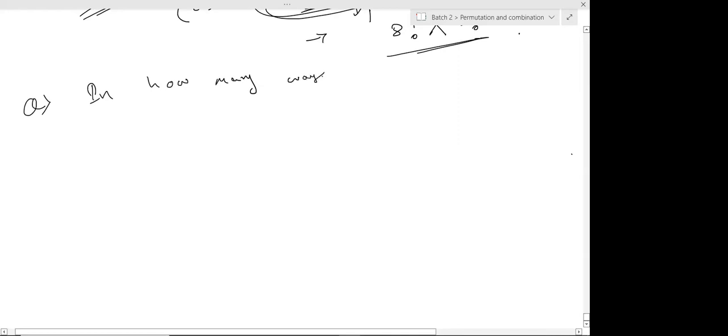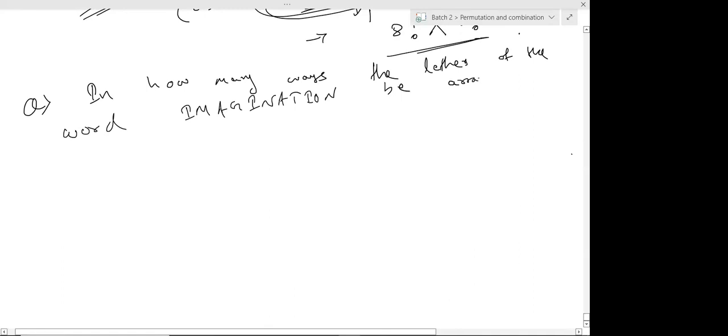In how many ways can the letters of the word imagination be arranged such that: first part, both A's are together.